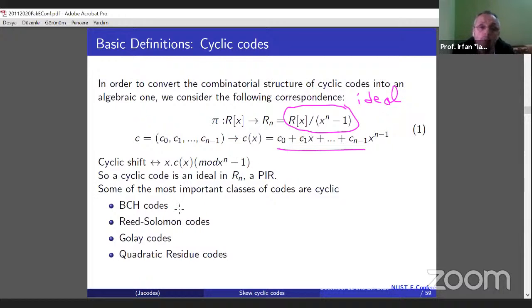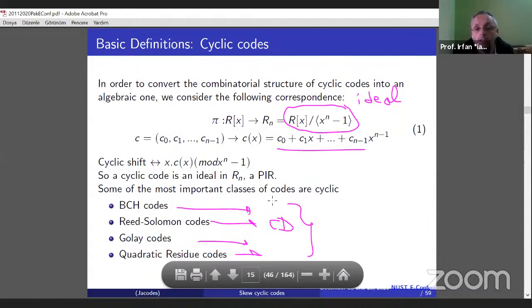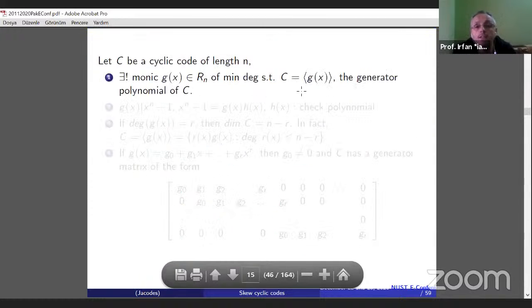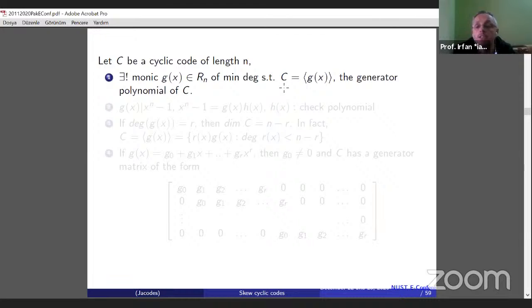And what is also important is that the very famous codes used today, Reed-Solomon codes in CDs and other places, Golay codes, quadratic residue codes, are all cyclic. These are all cyclic codes. Okay, and having a cyclic code, as I mentioned, it's an ideal, and the ideals of this quotient ring are all principal.